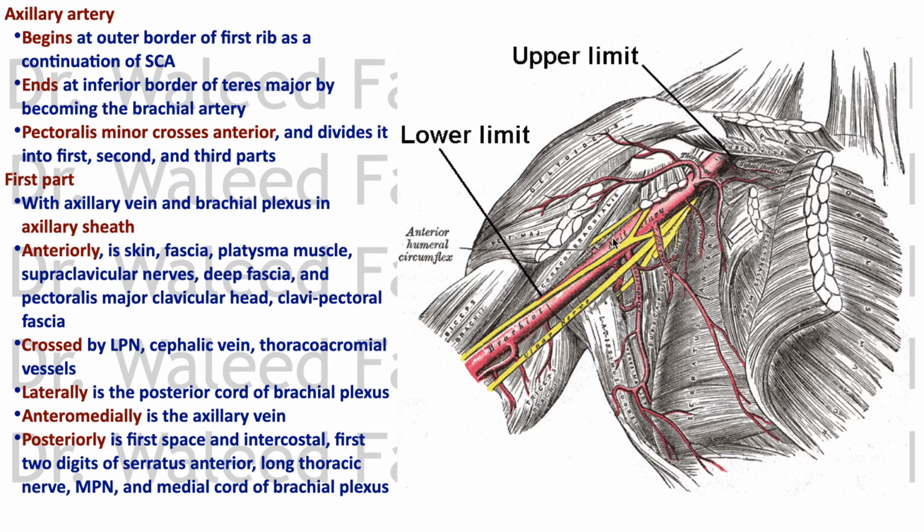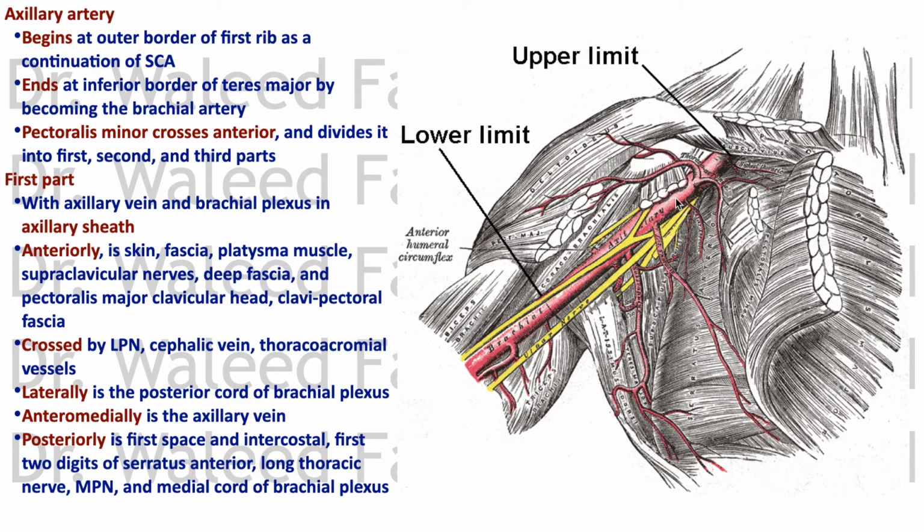It's crossed by the lateral pectoral nerve because it's coming from the lateral cord. It crosses the artery. The cephalic vein on its way to drain into the axillary vein, and the thoracoacromial vessels, which is a branch of the second part of the axillary artery.